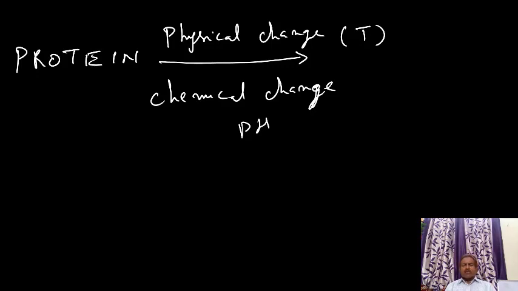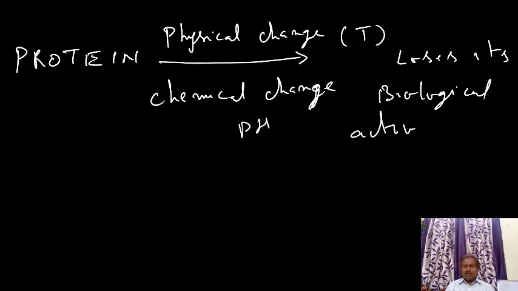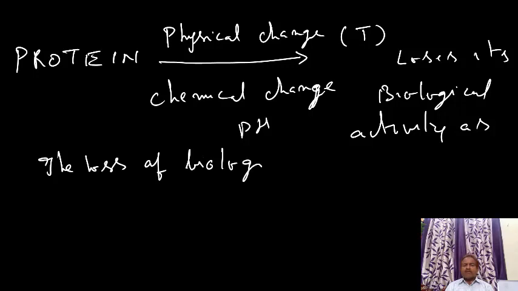Protein loses its biological activity as the structure is disturbed and hydrogen bonds break, and this is called the loss of biological activity of protein.